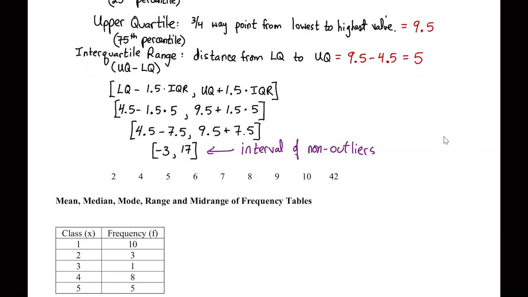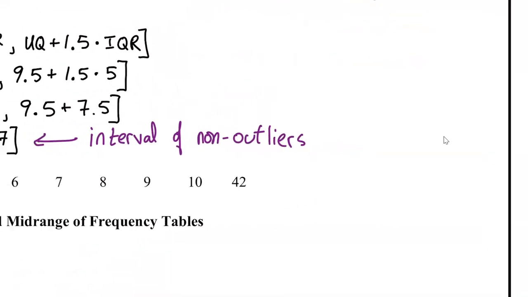So what we have here is an interval of values that are not considered outliers, mathematically. So if the number falls between these two numbers, it is not an outlier. So I'm going to make a note of that.